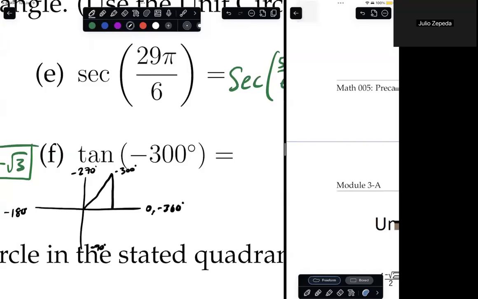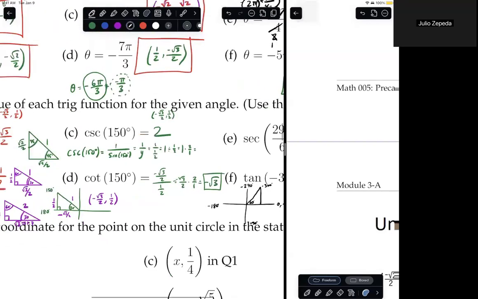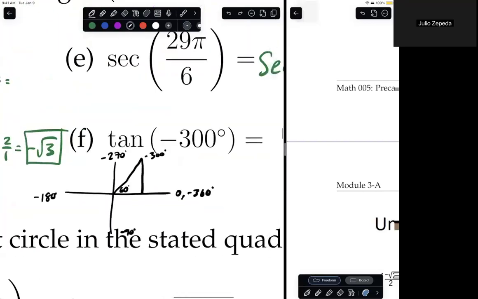So what is this angle here? This reference angle made with the x-axis would be a 60-degree reference angle. And that takes us back to our special triangle that has the 30-degree angle, and the other angle in there is 60 degrees, because 30 plus 60 is 90, and that plus the right angle of 90 is 180. So this is really just that angle that we worked with before, just flipped around. Opposite the 60-degree angle, we had a side length of root 3 over 2.